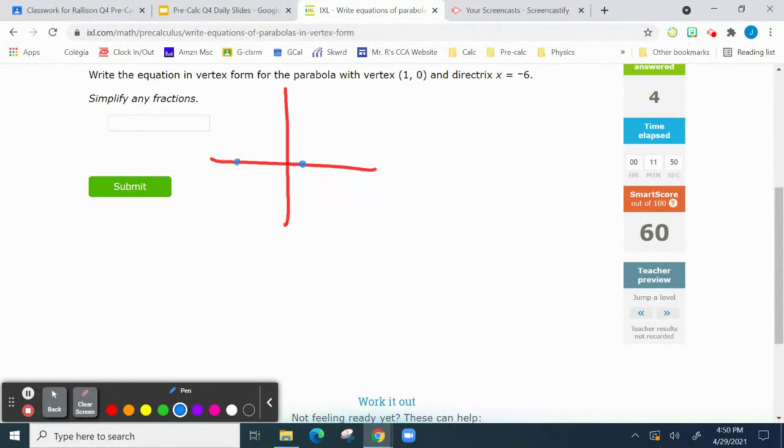So x equals -6 is going to be like that, right? We can already see what our parabola is going to be doing. It's going to be going like this, and the focus is going to be on this side.